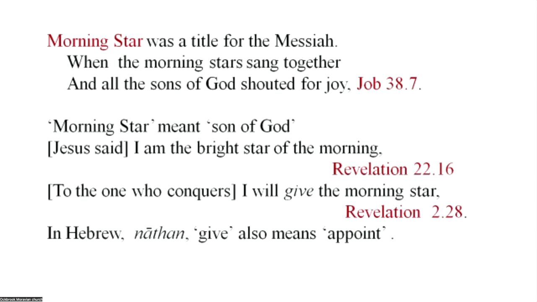In Hebrew, the word forgive, Nathan, also means appoint. So to the one who conquers, I will appoint him as a morning star. The faithful Christian will become a son of God. And decoded, that makes perfect sense, what Paul was saying in Romans chapter 8, and Revelation says in rather more colorful language.